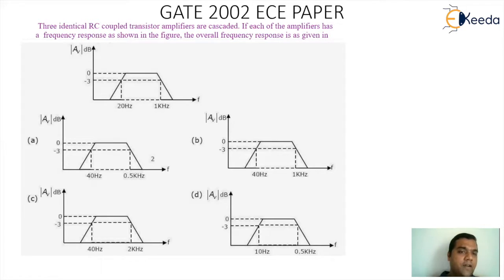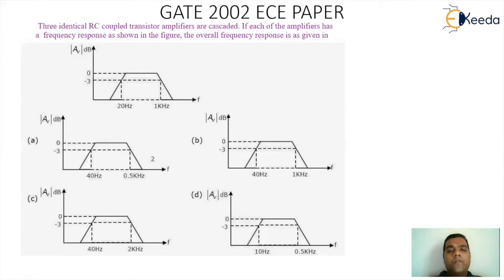For the first graph, the lower cutoff is 40 hertz, higher cutoff is 0.5 kilohertz. For graph B, the lower cutoff is 40 hertz and the higher cutoff is 1 kilohertz. For option C, lower cutoff is 40 hertz, higher cutoff is 2 kilohertz. And option D, lower cutoff is 10 hertz and the higher cutoff is 0.5 kilohertz.